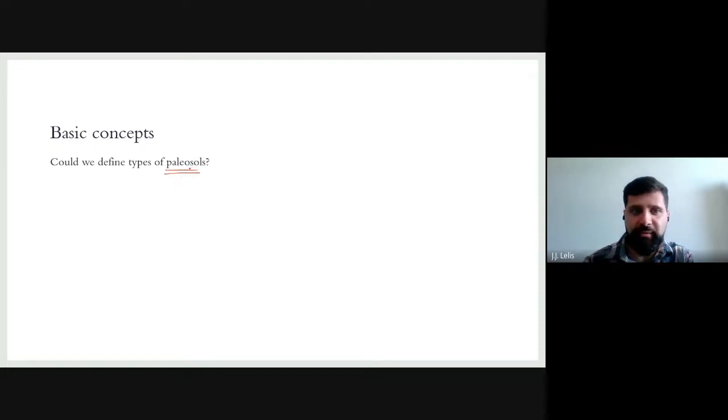Could we identify one specific type of paleosols that are such and such, another group that are such and such, and so on, like 4, 5, 6, 10 groups of paleosols? What do you think? And how can we define types of paleosols, if you think we can distinguish between groups?